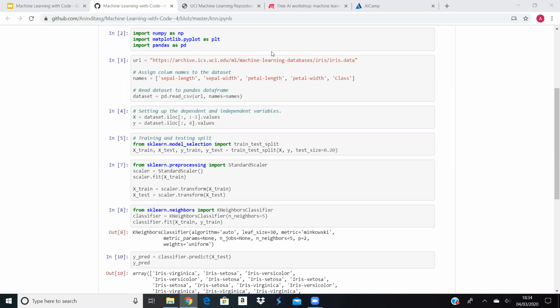If we use a very small number, then it's not easy to understand which particular class has the highest frequency or the most proximity to the new data point. That's why we always choose an odd number, and we have chosen 5 because then, when we have to vote for the best class, we have a better number to choose from. If we choose something like 3, it will not be very clear which class the new data point belongs to.